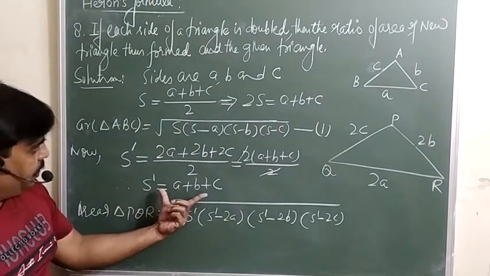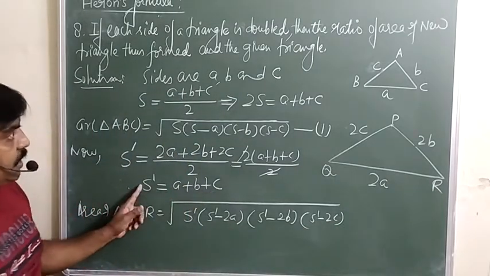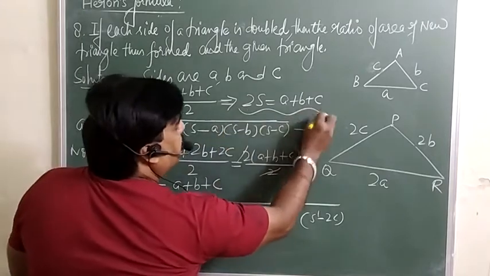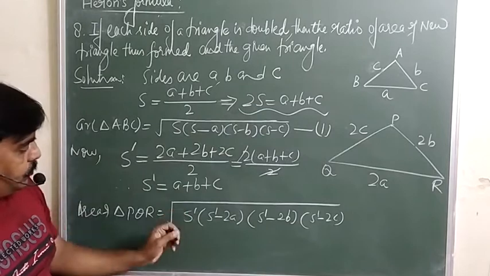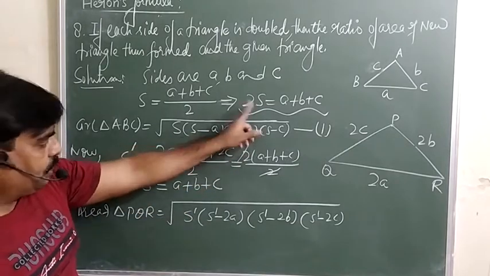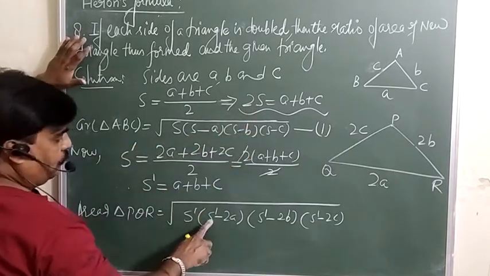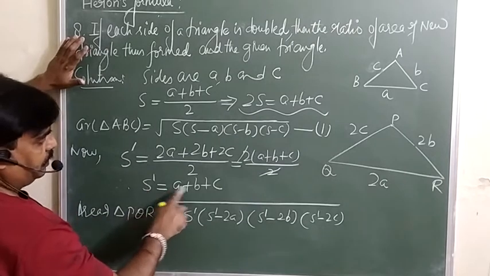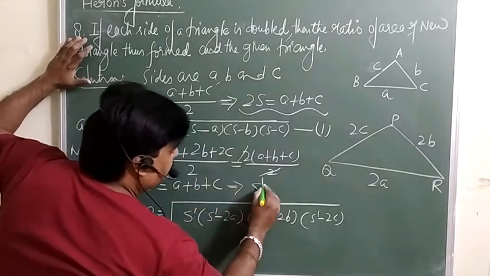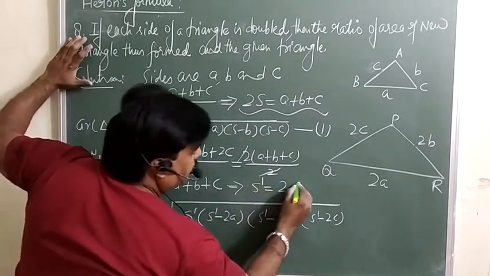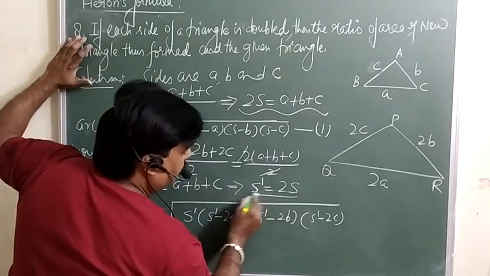Now look here, what is A plus B plus C? It is S dash. But here A plus B plus C is equal to what? That is 2S only. So from the value of S dash, what did you get? S dash is equal to 2S. Look here now, this is the important point.